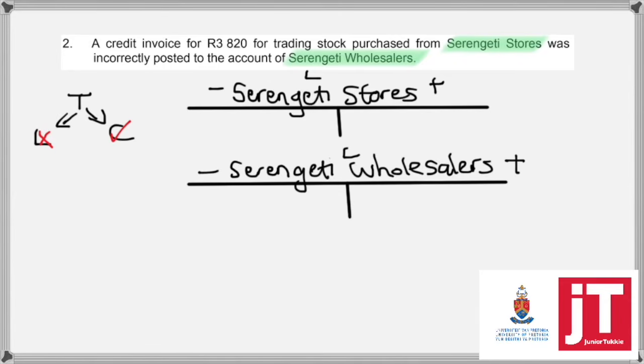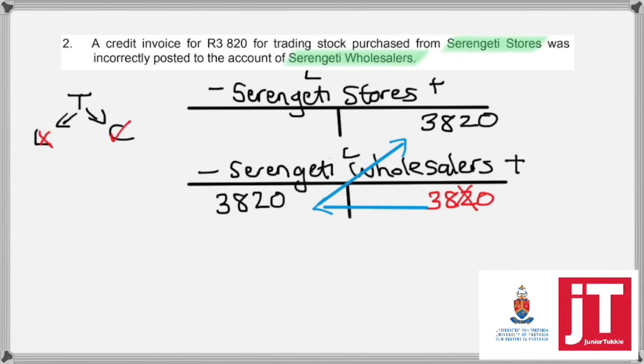We've posted a credit invoice for 3,820 incorrectly to Serengeti Wholesalers. So to correct this, we need to take it out so that the correct account can be credited with 3,820. By taking it out, it means that we owe Serengeti Wholesalers less money and we owe Serengeti Stores more.